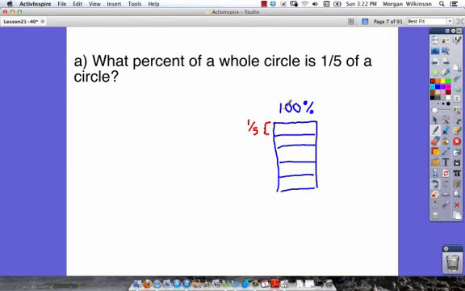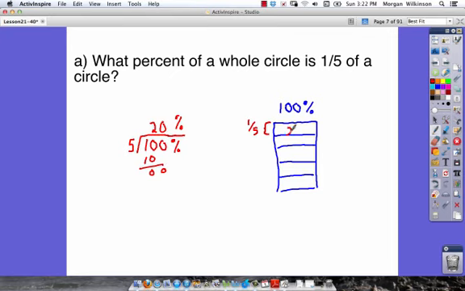And now we need to figure out 100% divided by 5. So 100 divided by 5. We could put a percent sign here and bring it straight up. 5 is going to go into 10 2 times. We get 10 with 0 left over. We have 20%.